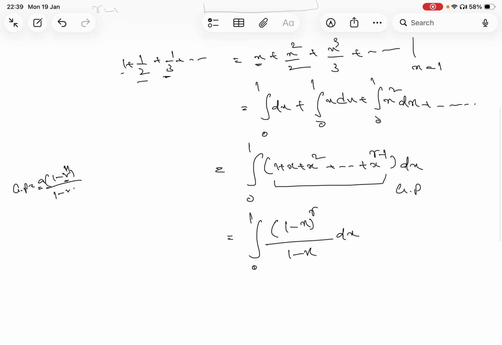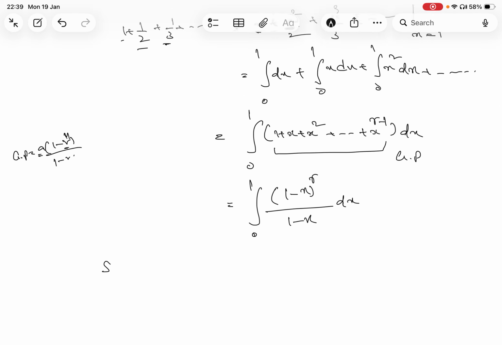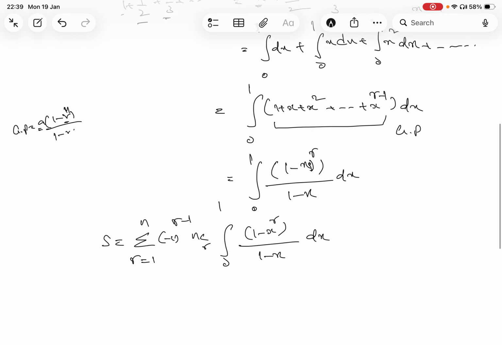Now substitute this integral in the given question, which is S equal to summation r equal to 1 to n of (minus 1) whole power r minus 1 nCr into the integral from 0 to 1 of 1 minus x power r by 1 minus x dx.